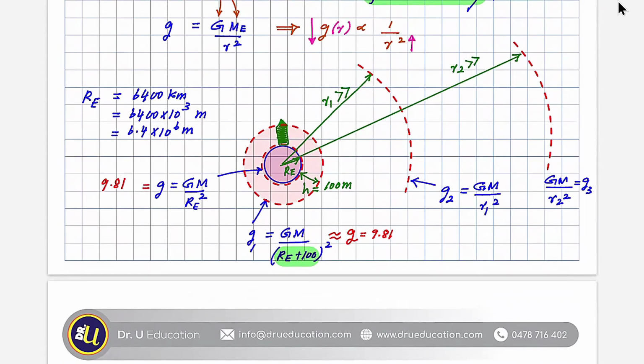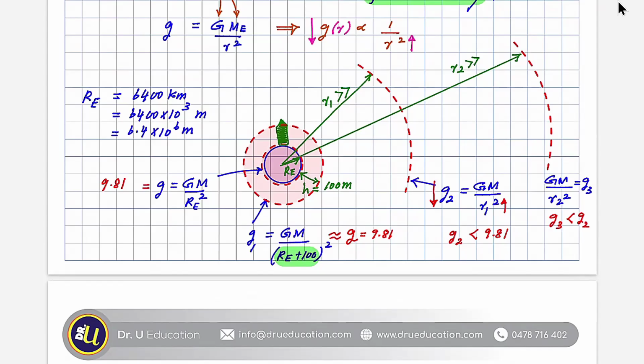So now if you think about G2, you understand when R is increasing, G value is decreasing. So G2 value should be less than 9.81, and then this G3 value is even smaller than G2.